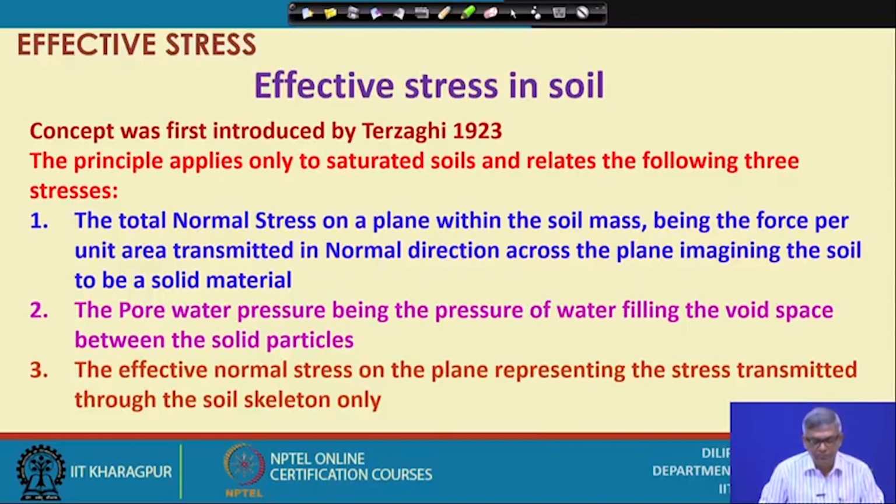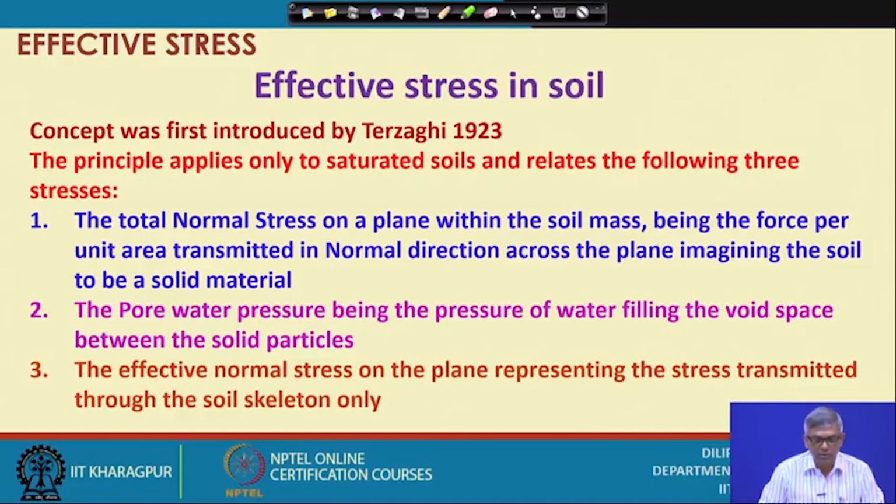The pore water pressure is the pressure of water filling all the void spaces between the solid particles. I will show in the next slide how the soil particles are together and make the soil mass, and what the voids between the particles are.